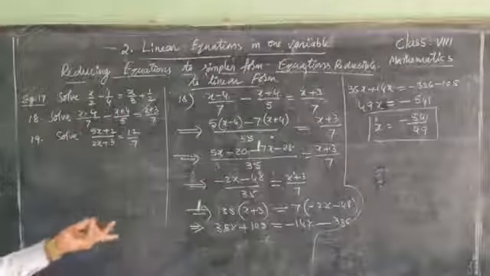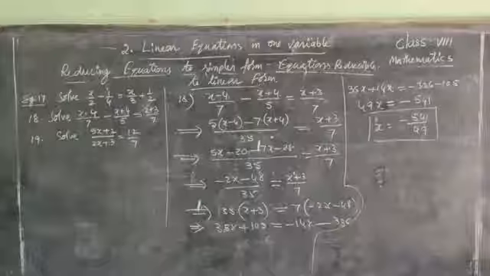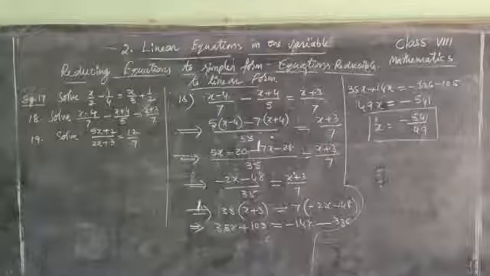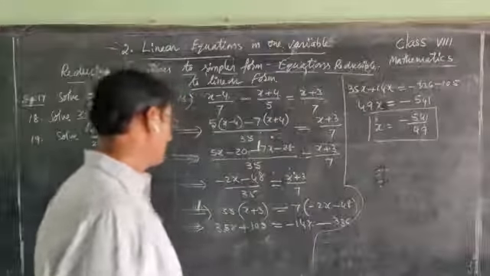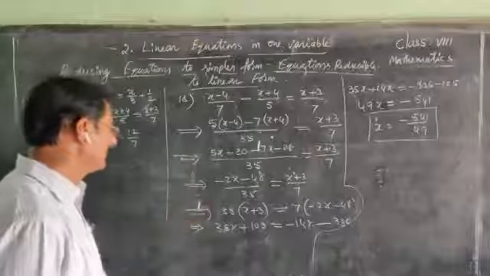Not there, leave it. But I think 7 is a factor. Check once. You observe the multiplication. Are there any mistakes?